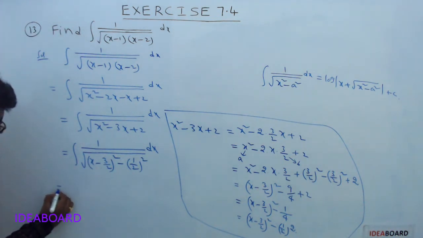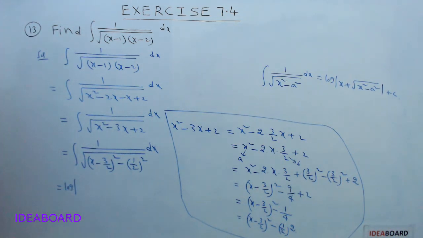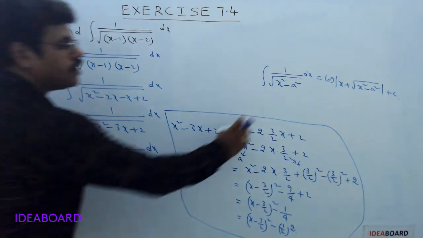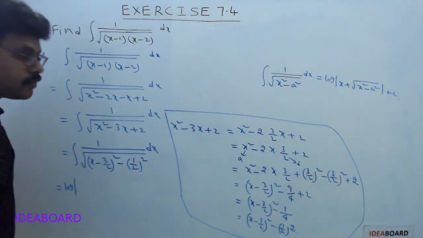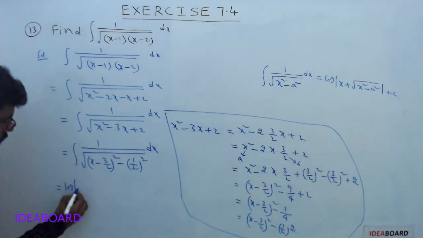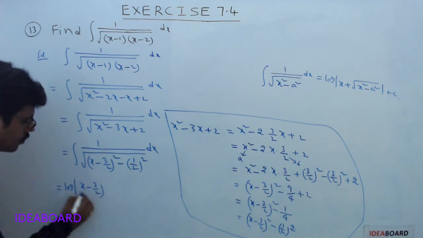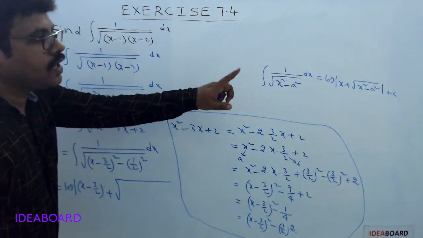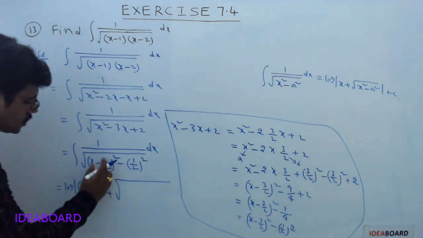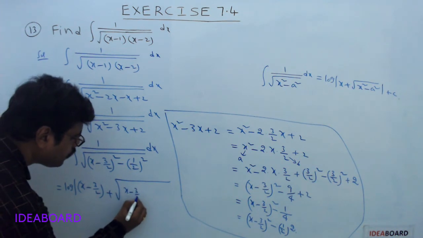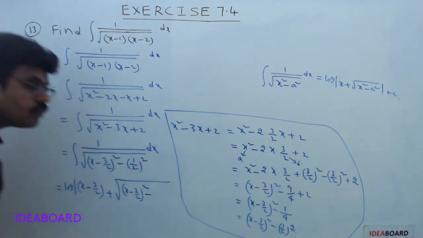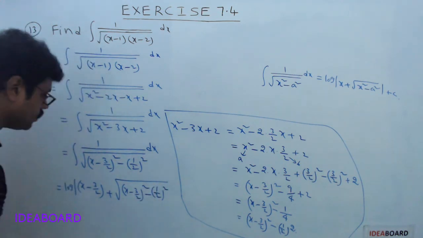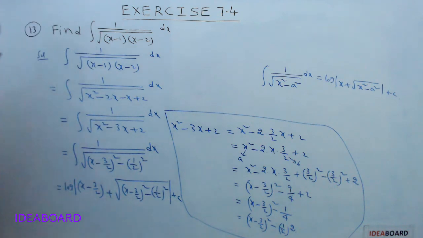Now this is equal to log mod x. In place of x, x minus 3 by 2 will be there. In place of a, 1 by 2. So log mod x is x minus 3 by 2 plus square root of x square minus a square. x is x minus 3 by 2, so (x minus 3 by 2) whole square minus a square, (1 by 2) whole square, plus some constant c.